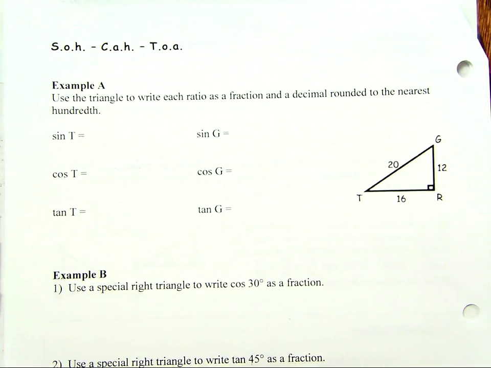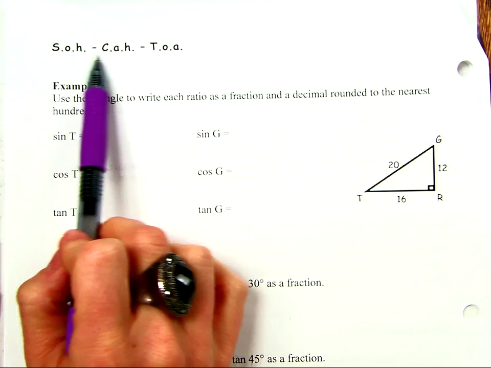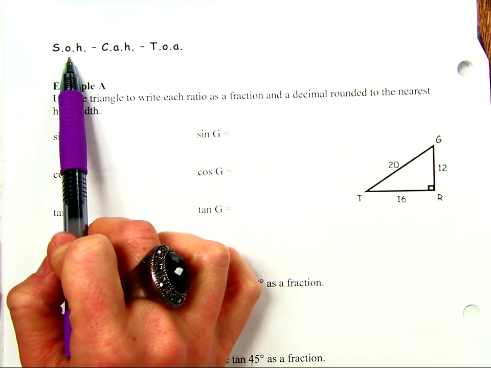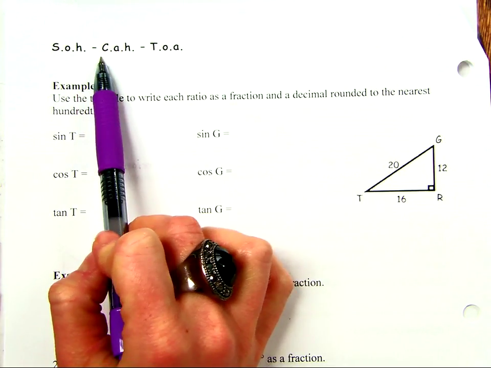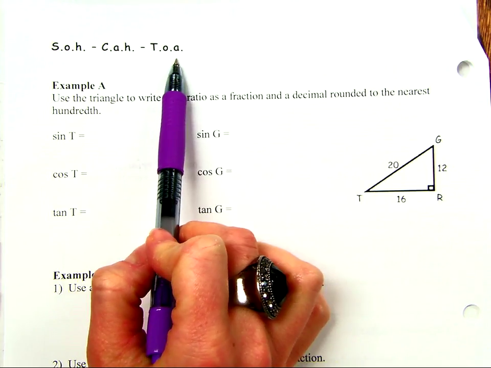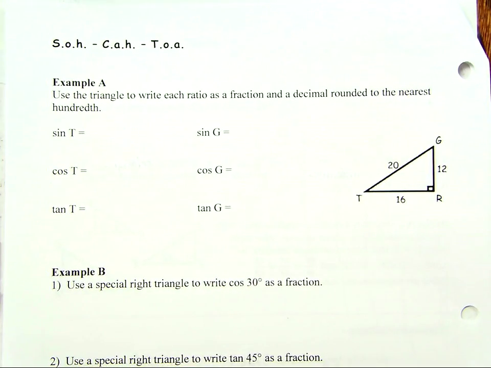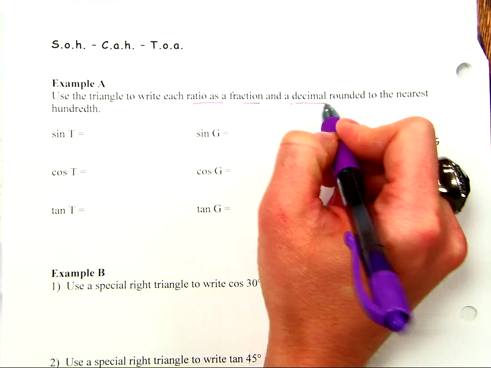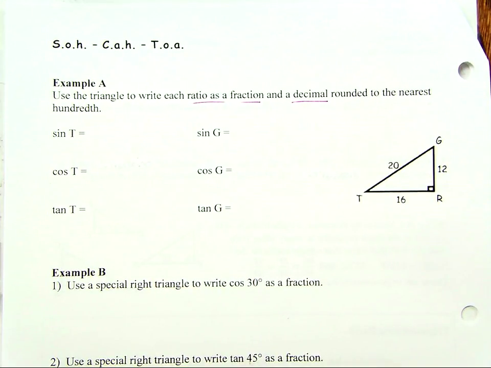At the top of page 2, I've put our little reminder to help us remember our trig ratios. Sine, opposite over hypotenuse; cosine, adjacent over hypotenuse; and tangent is opposite over adjacent. Example A asks us to use the triangle to write each ratio as a fraction and as a decimal, rounded to the nearest hundredth.